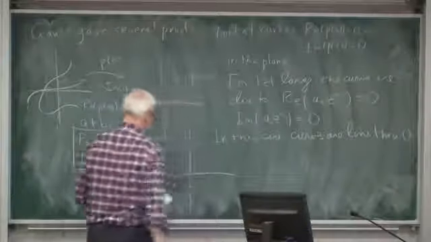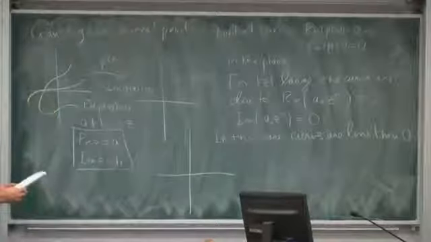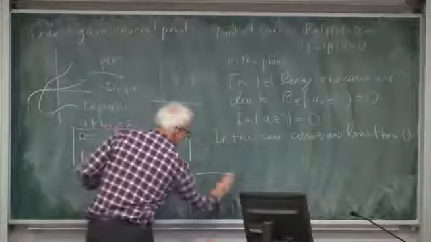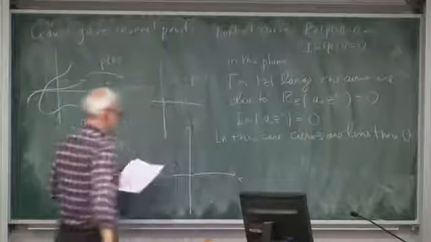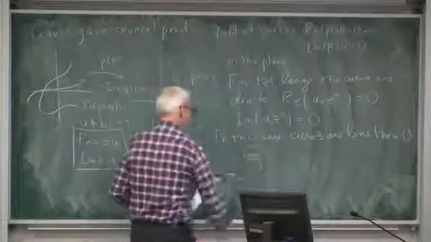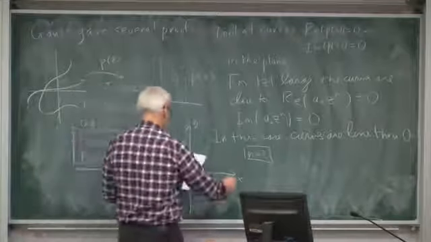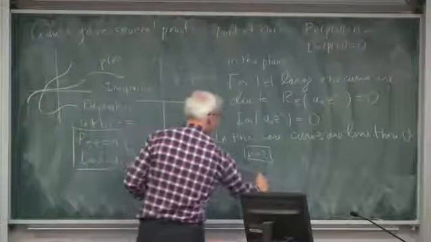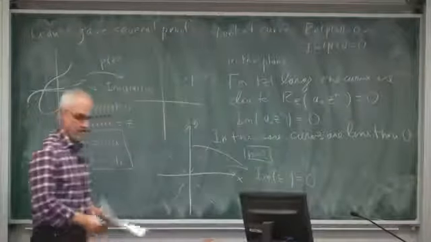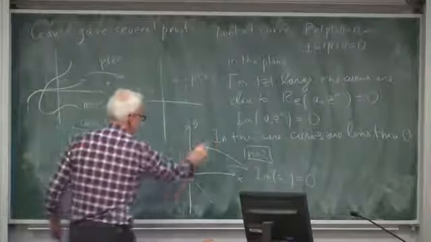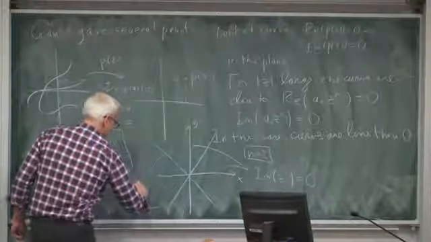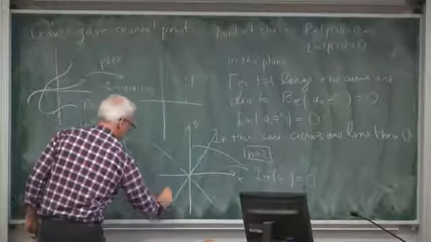Okay, so I'll give you the story. Here's X and here's Y. Then for example, a small example when n equals 2: these are the curves where the imaginary part of Z squared equals 0. And these other ones, maybe in blue, are the curves where the real part of Z squared equals 0.